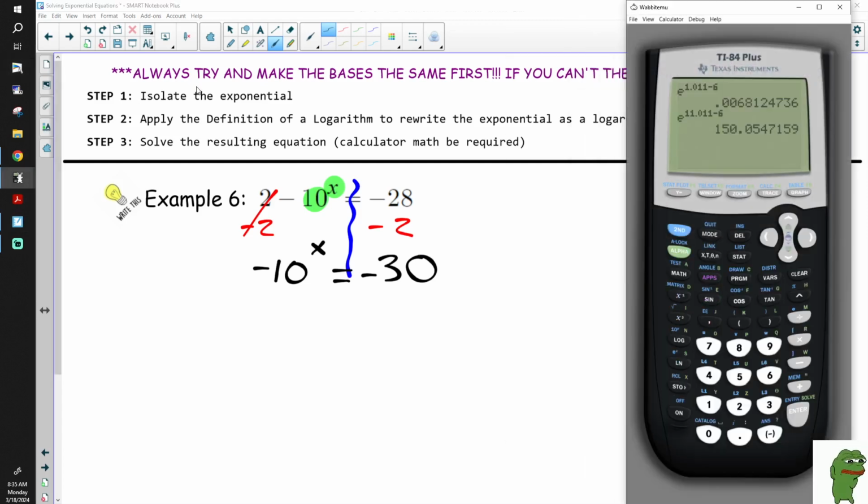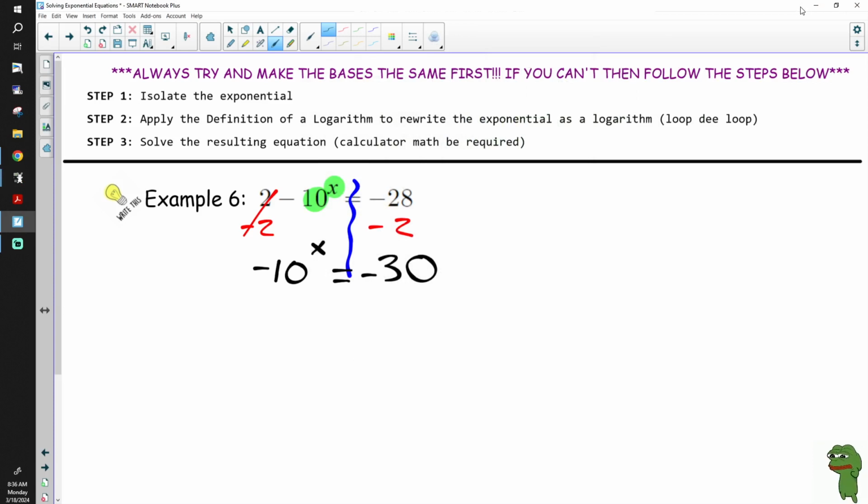So if I were to try to do this, and I went math, went to my log base, I plug in negative 10, I plug in my other number. What happens? We get an error. Logs can't have negative bases. Okay? Logs can't have a negative base.